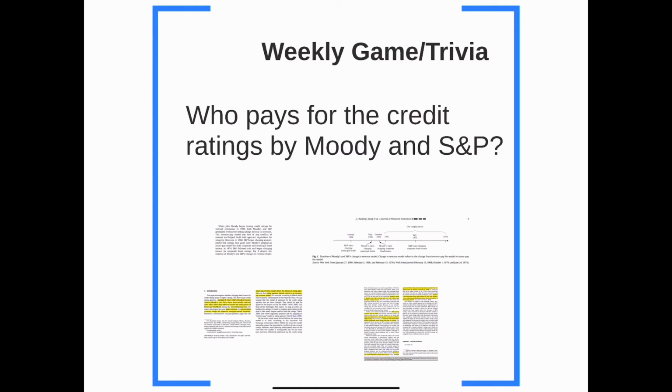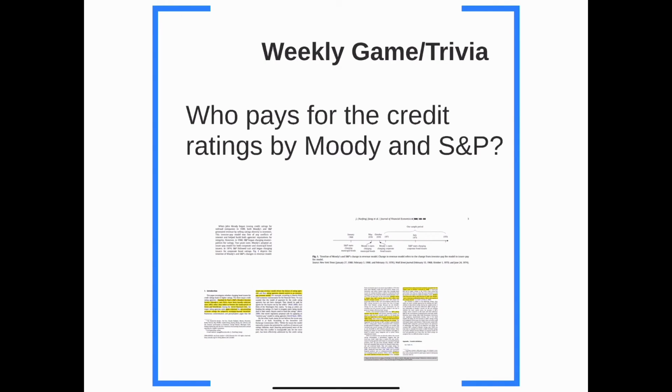Compare that to if I subscribe to someone independent of the company, and I'm happy to pay a subscription fee to that person who helps me review the credit rating of BHP. Who is going to be more independent, more unbiased?